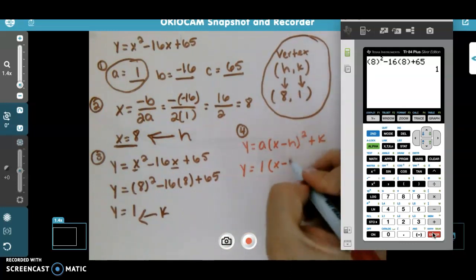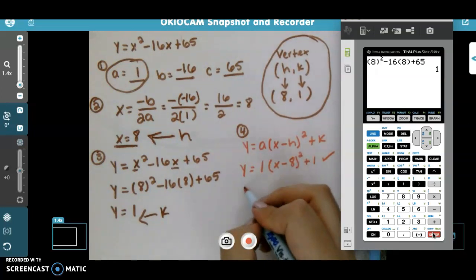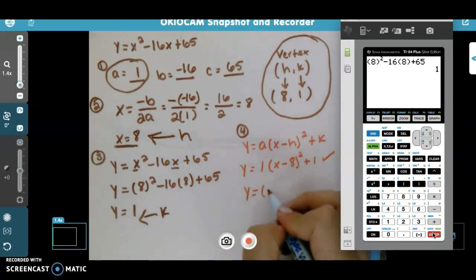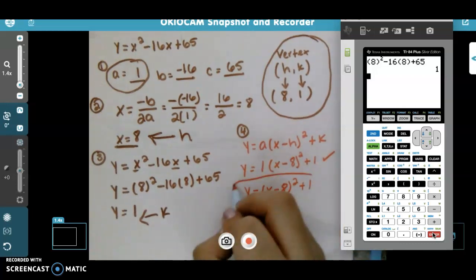It is 8, and it's positive. So this stays a subtraction sign. So to the power of 2, and then it's positive 1, so we're going to go ahead and put plus 1. Now this is correct, but when we look at our answer choices, we're probably not going to see that 1. So it's going to be y equals x minus 8 to the power of 2 plus 1.